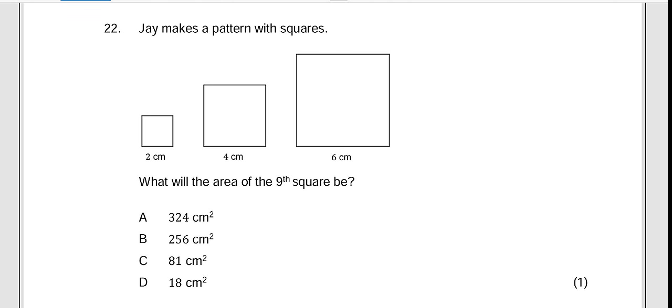Guys, as you can see here, in order for me to get the first pattern, this 2 centimeters, it is 2 to the exponent of 1.